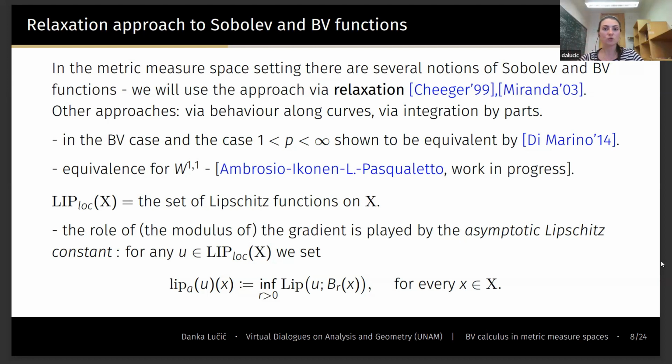So to define BV functions instead of smooth functions in this metric setting, we are going to use Lipschitz functions.